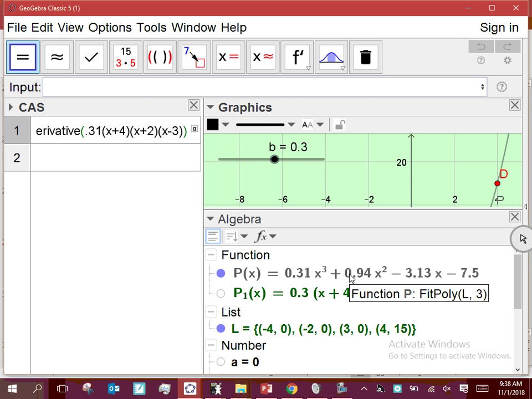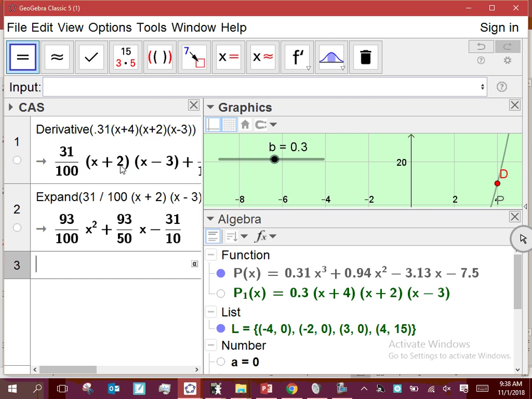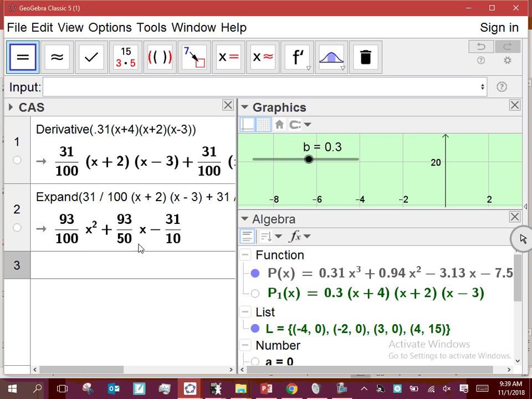So now my calculator is not going to show me maybe that derivative right away, okay? But let's see if I can get this to expand that. Gives me that. All right, so would you guys agree that 0.93 is 93 over 100?